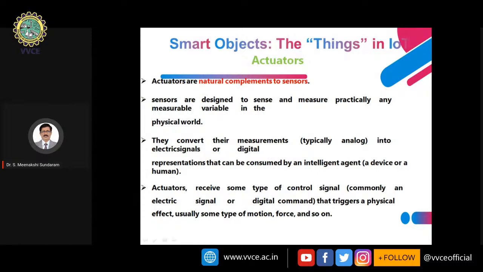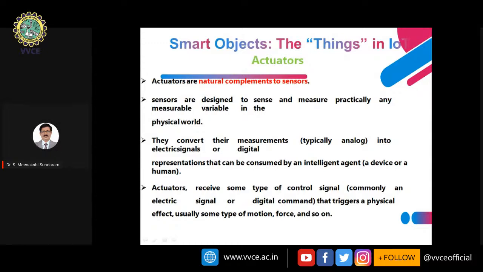So the next type of component we will see in the Internet of Things is the actuator. Actuators are natural complements to the sensor. A sensor is capable of sensing some element and storing it as a digital reading, and sensors are designed to sense and measure practically any measurable variable in the physical world.